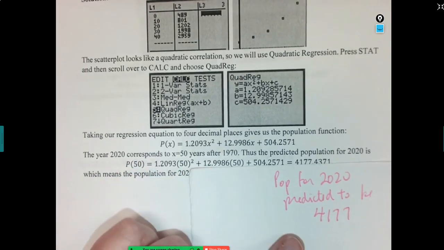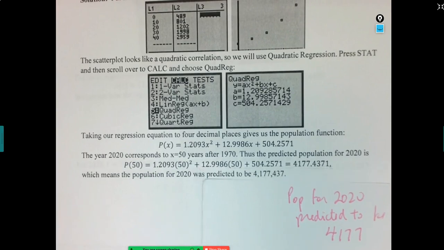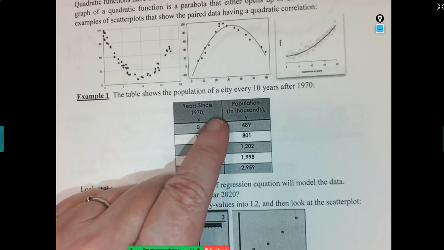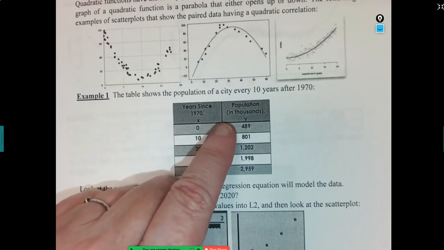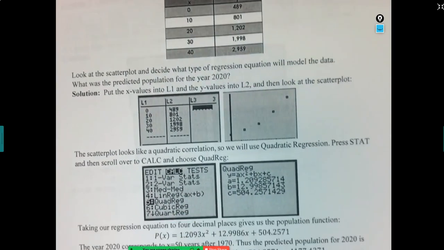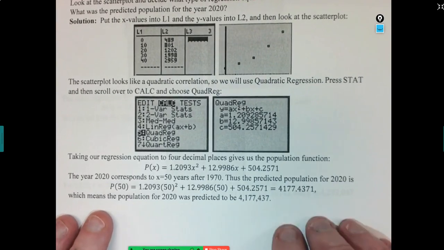that's not a correct answer, because if we go back to our chart, we have the population, but in parentheses, it's in thousands. So I need to take this number and multiply it by 1,000, and then take that number to the nearest integer.